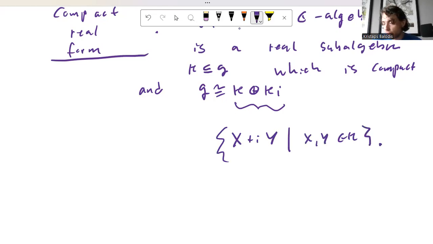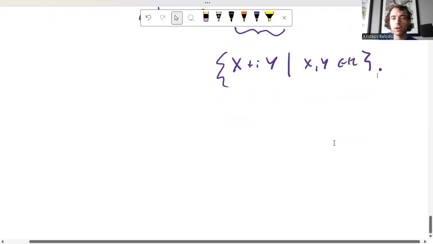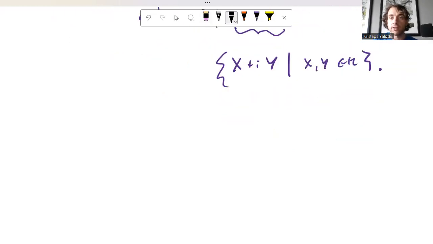And so this is important. I'll maybe just say a quick word about real forms in general, where this idea comes from. Oh, I didn't prepare an example, so maybe I shouldn't say.